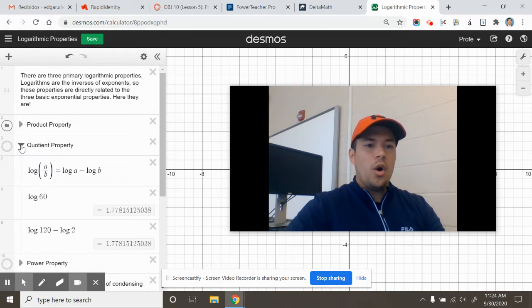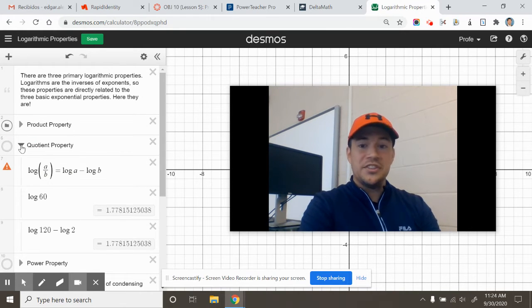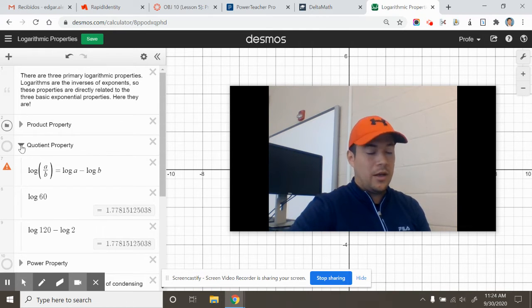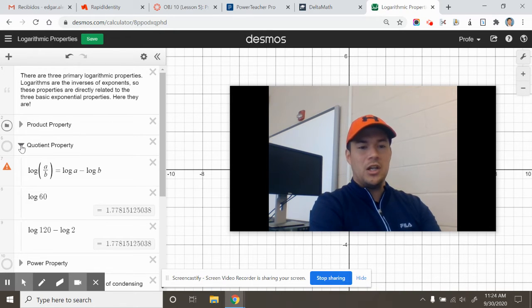Okay, so the quotient property is the same, but really inverse operations. We're going to use division and subtraction. So the log of a quotient, A divided by B, is the same as the log of A minus the log of B, or the difference of those parts of the fraction. So the names of numerator and denominator escape me.